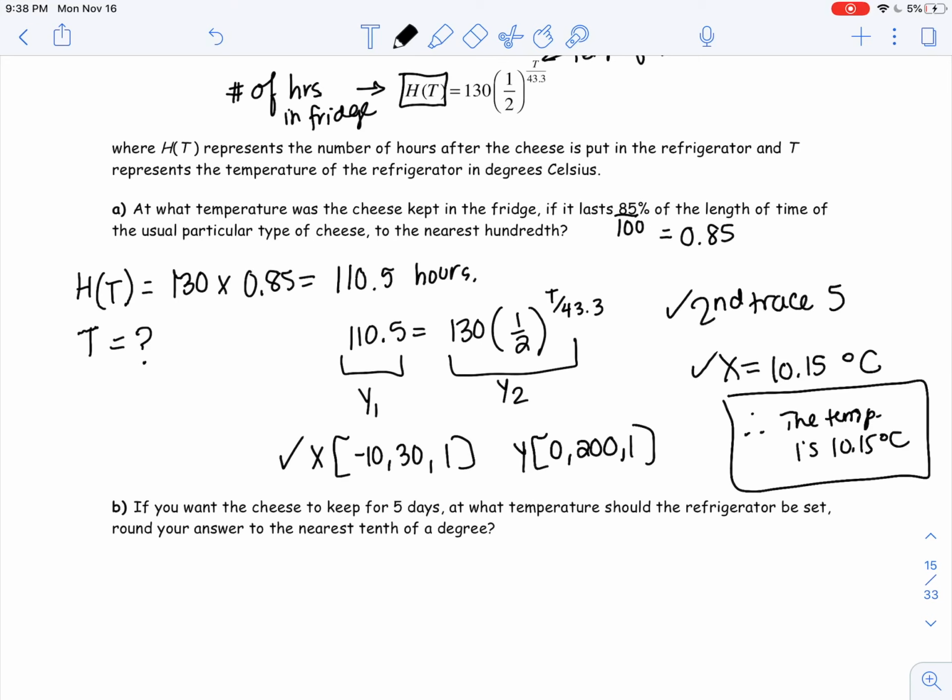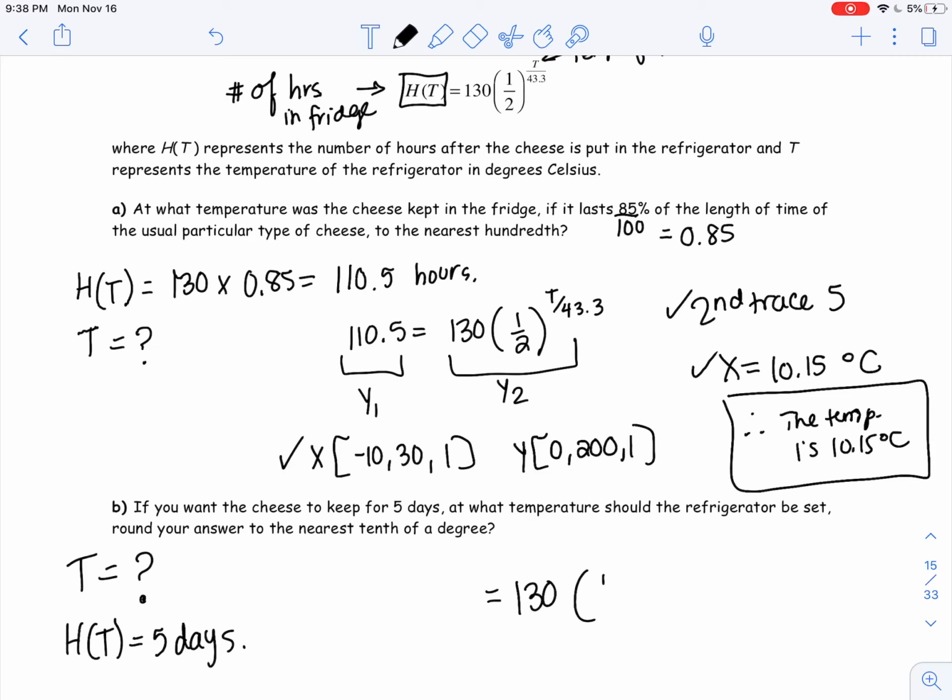Now with the same situation, if you wanted the cheese to keep for 5 days, at what temperature should the refrigerator be set? So there, you're looking for the same kind of thing. You're looking for still the temperature, but they're giving us the number of hours that they're keeping it for, h of t, is 5 days.